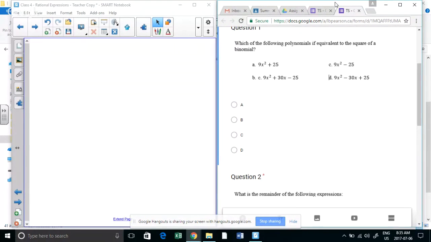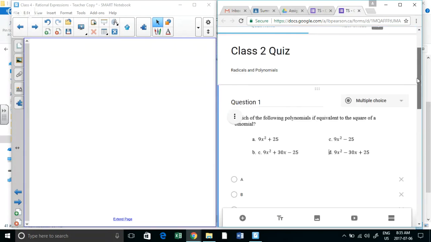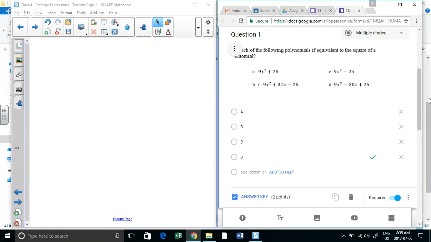Okay, so we're on the second quiz right now. Feedback was pretty good on the first question. Which of the following polynomials is equivalent to the square of a binomial? So that answer is D. To be a square of a binomial, you have to have three terms.